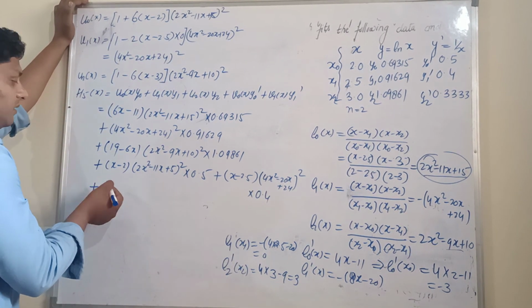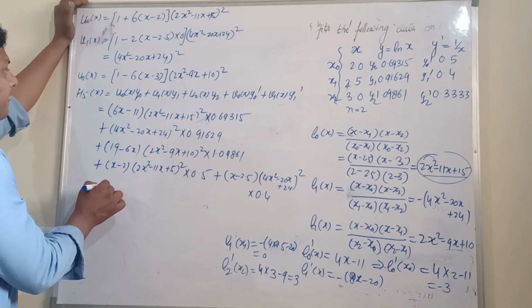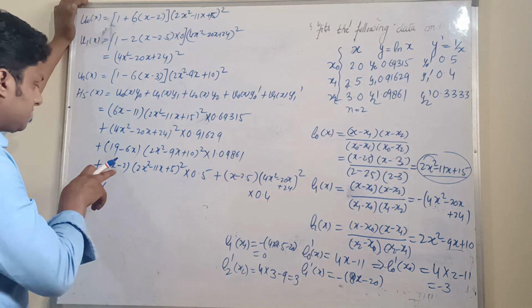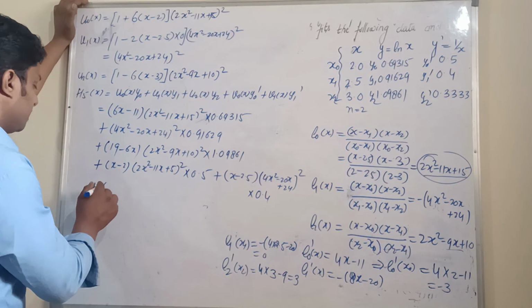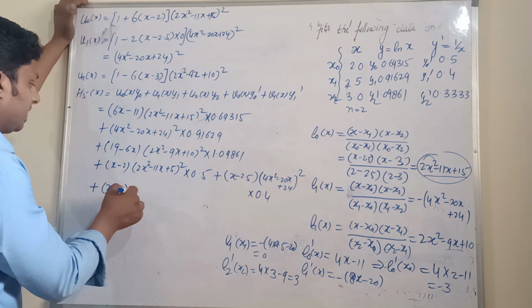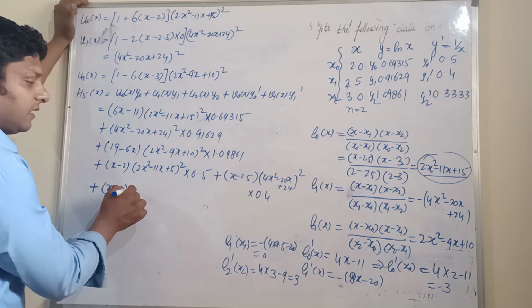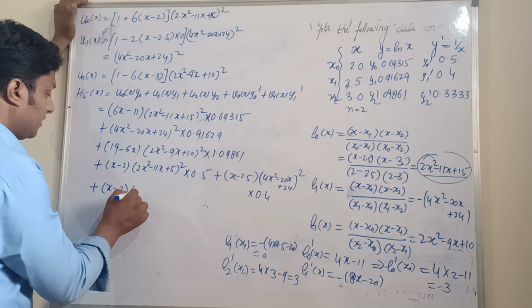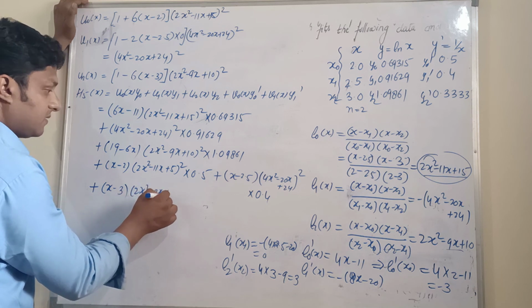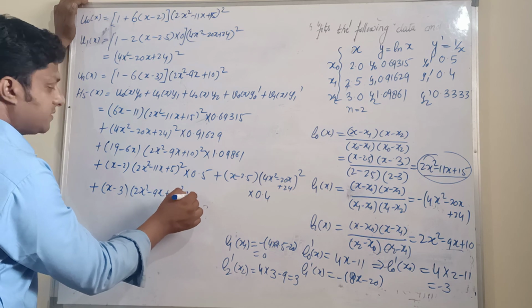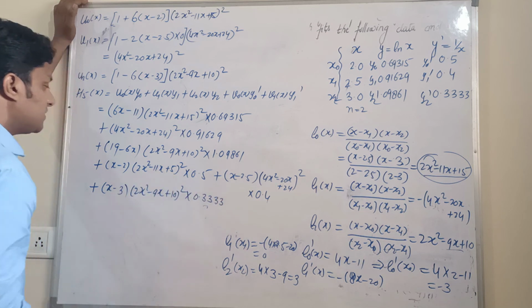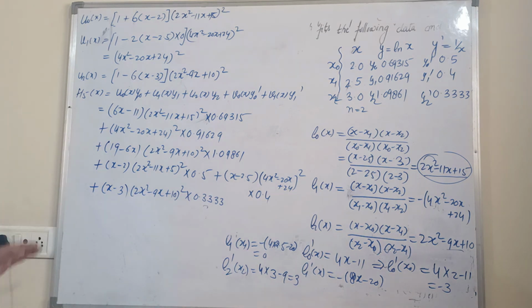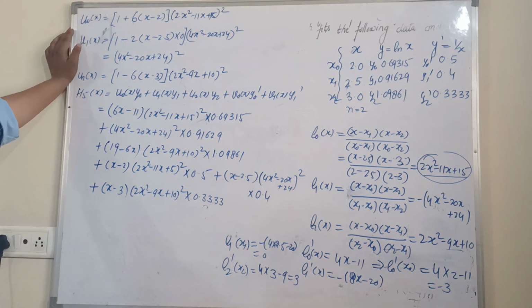Further, for v2 it will be (x − 3) times L2(x) squared, that is (2x² − 9x + 10) squared, multiplied by 0.333, which is the required Hermite polynomial of degree 5 that fits the given data, which is actually asked in the question.